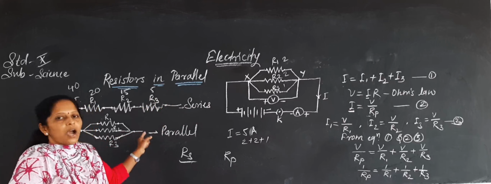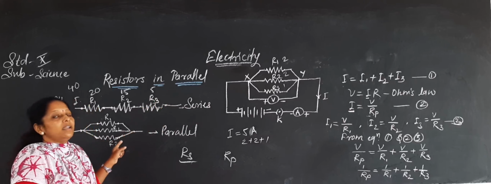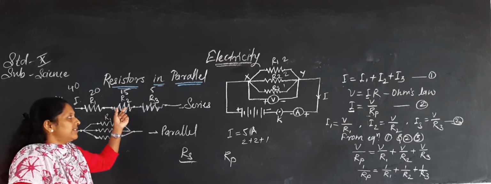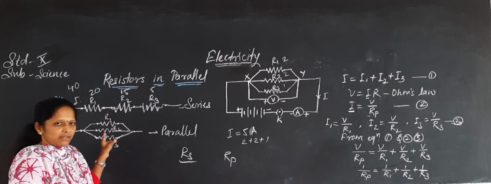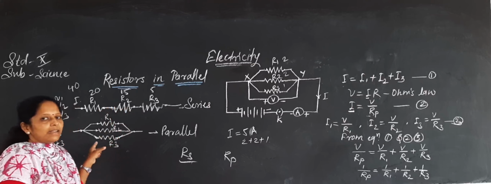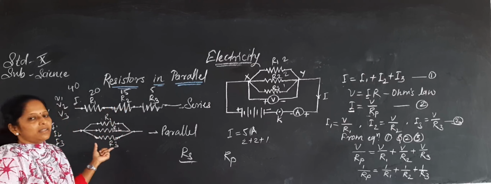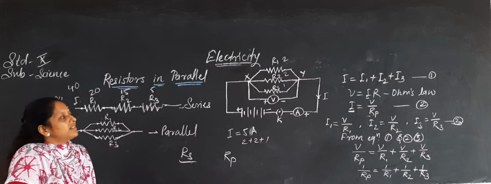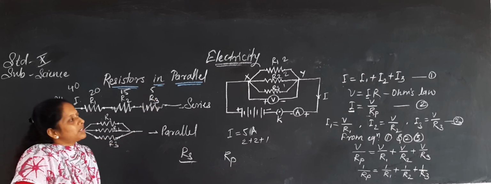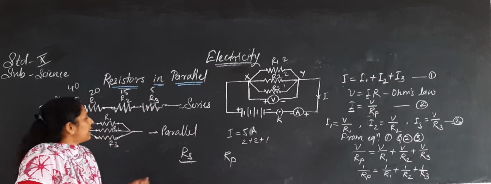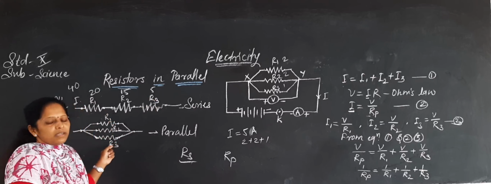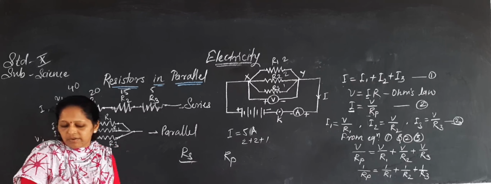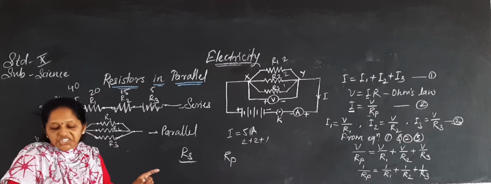Now how resistors are connected in series and parallel: the current flowing in series is the same one, while the current flowing in parallel is different. The total current is equal to the combination of I1, I2 and I3, the sum of the separate currents through each resistor.